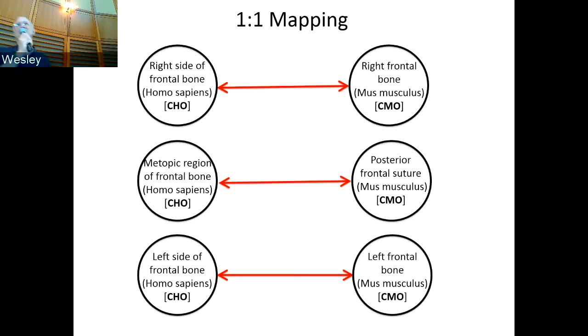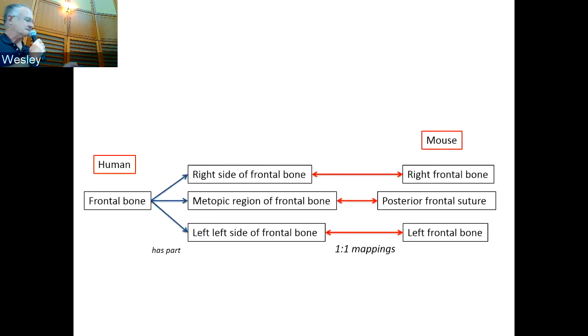That's just another way of expressing a one-to-many mapping. The frontal bone in the human is divided into these arbitrary regions, which themselves then have one-to-one mappings in the mouse.